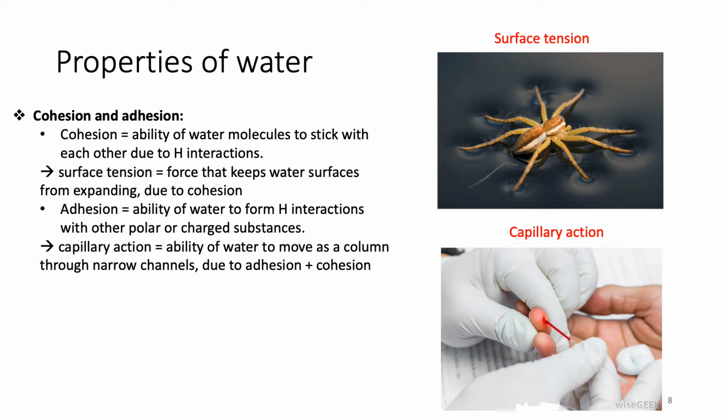Cohesion is responsible for surface tension, which is the force that keeps a water surface from expanding or being broken into. At the interface between water and air is the cohesiveness of water molecules forming hydrogen bonds with one another and to the water molecules underneath.